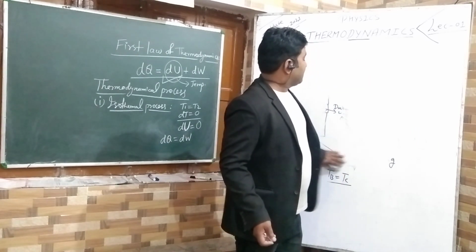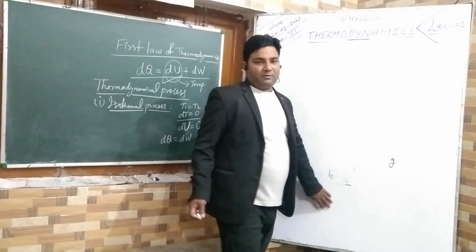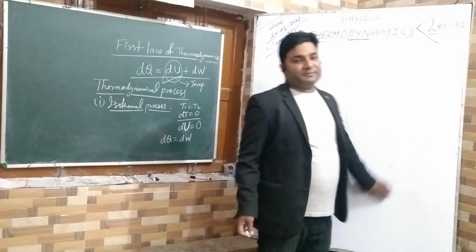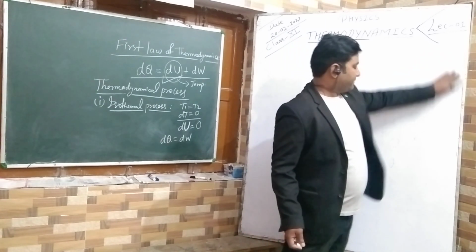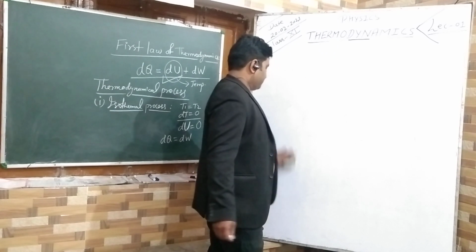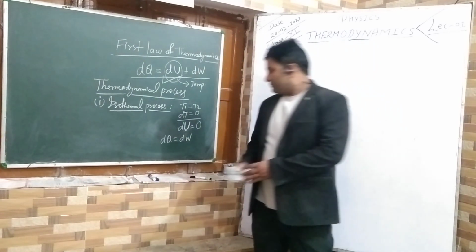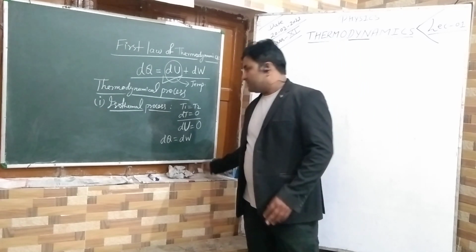It means the body or the system is neither taking heat from the surroundings nor transferring heat to the surroundings. It means change in heat energy, I will say that dQ is equal to 0.